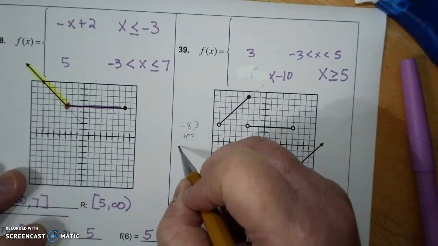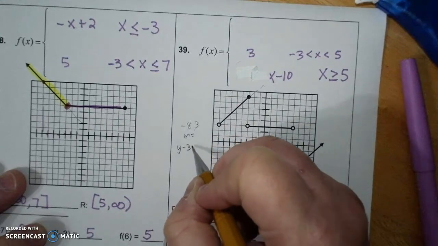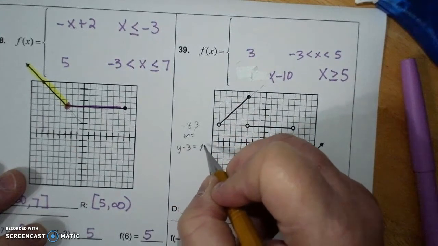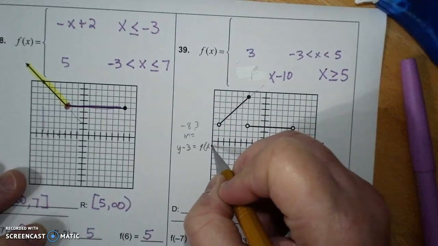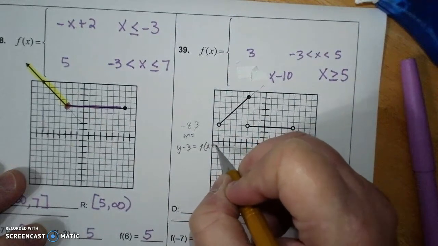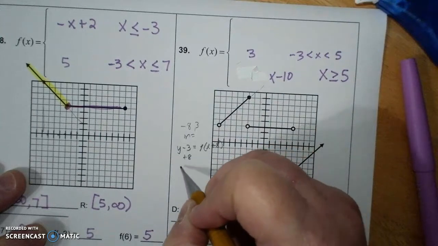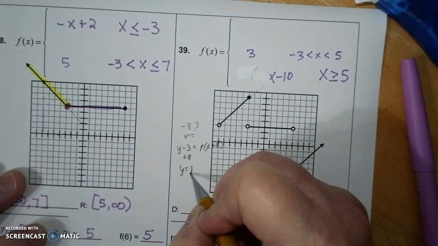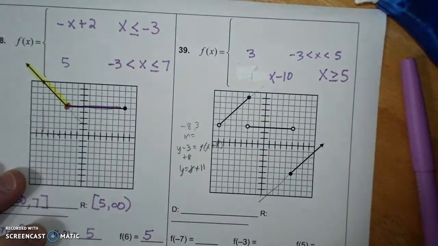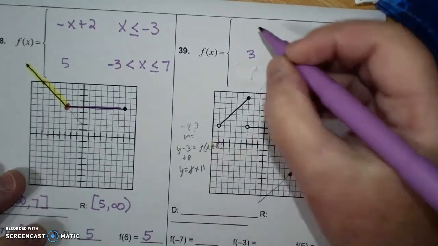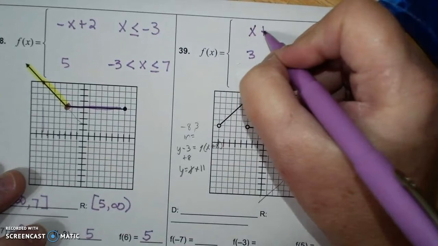So you would do y minus 3 equals 1 times x plus 8. Add 8 to both sides, so y equals x plus 11. I used point slope with this guy in a slope. So this is x plus 11.